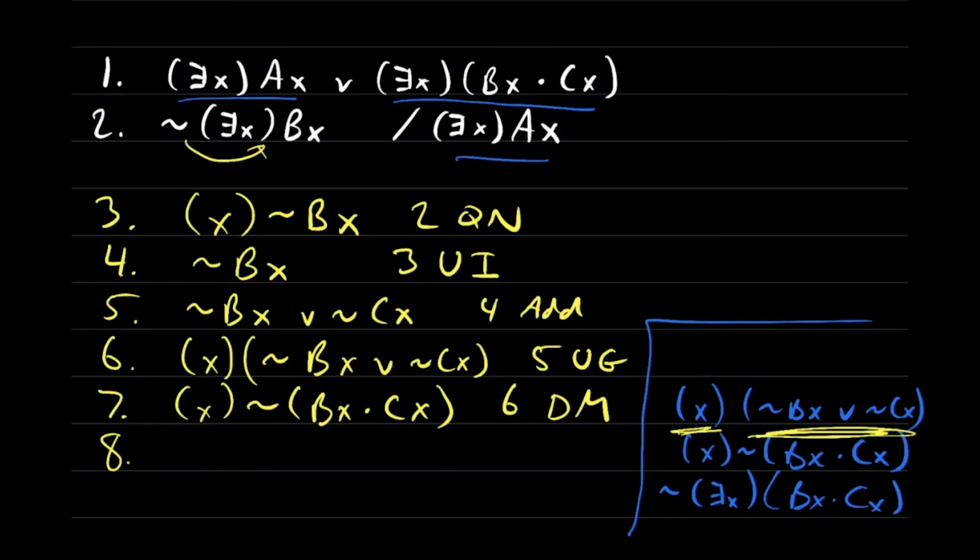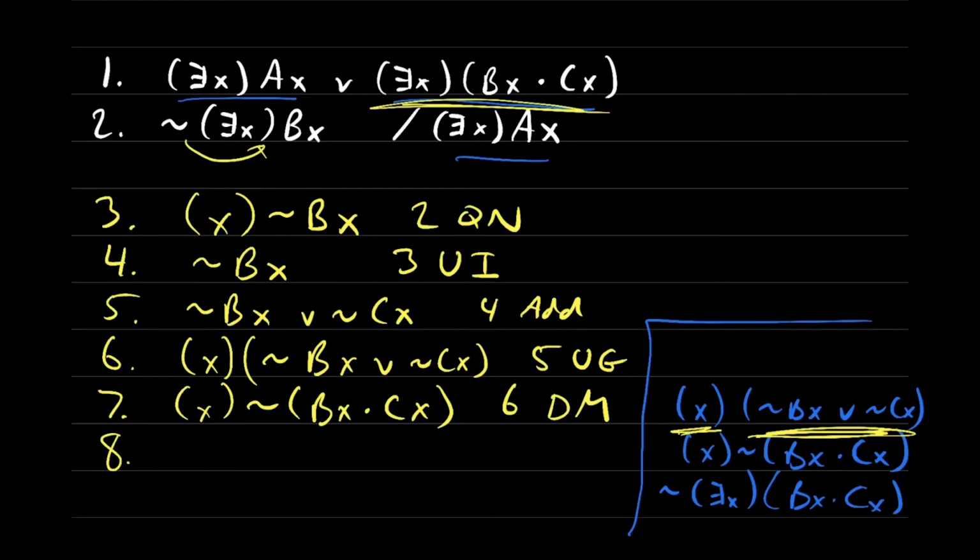Okay, we're almost done. We said that the whole reason for doing that was that if we applied quantifier negation at this step, we would take this negation that's inside the universal quantifier in line 7, move it outside the universal quantifier, change the quantifier to an existential quantifier, and that would give us the negation of the right side disjunct that you see in line 1.